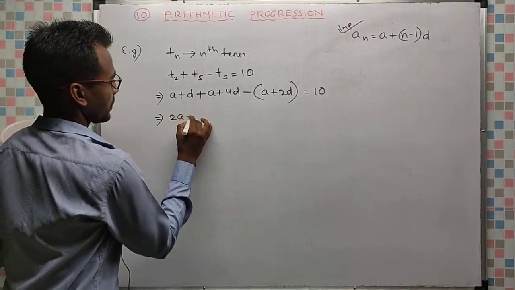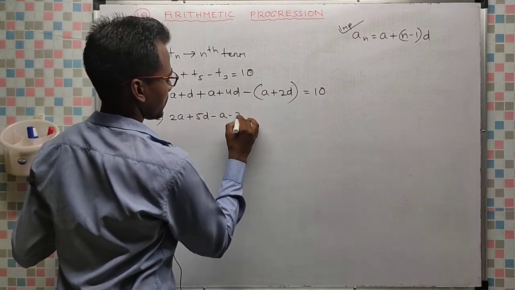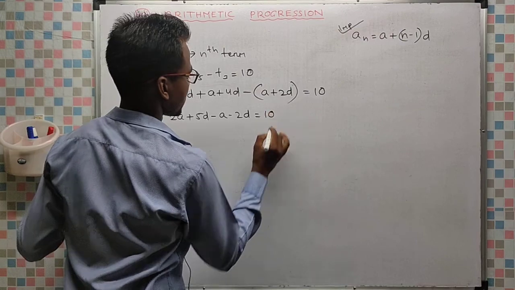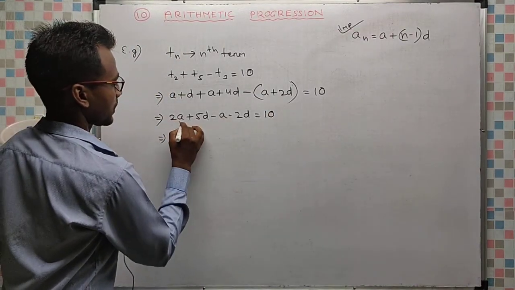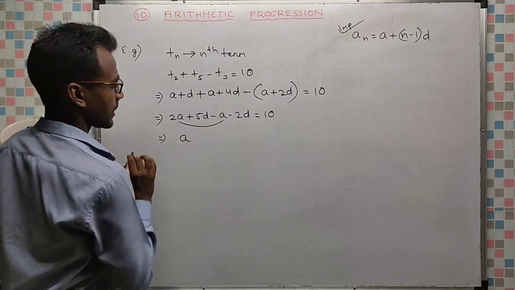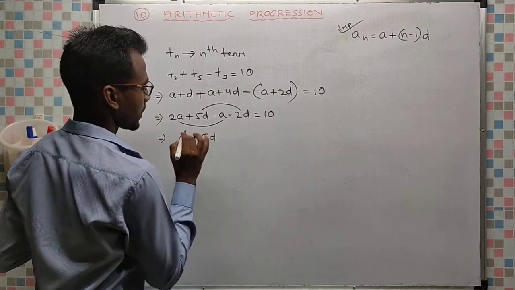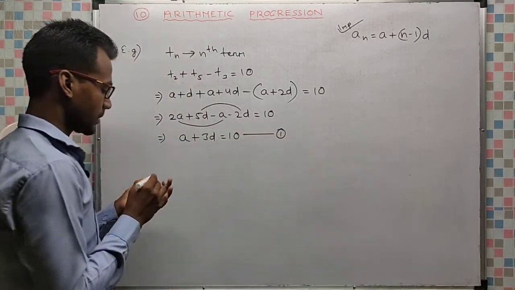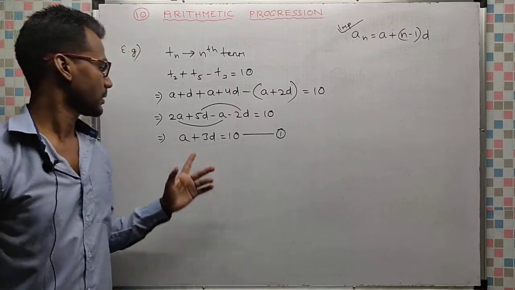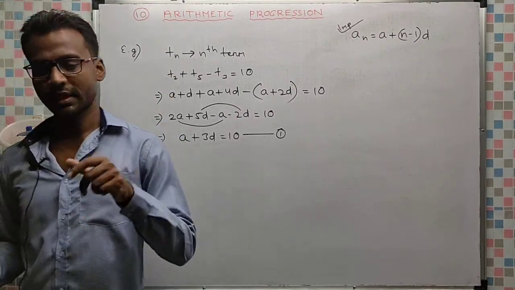So 2A plus 5D minus A minus 2D is 10. 2A minus A is A, 5D minus 2D is 3D, which is 10. Let it be equation 1: A plus 3D is equal to 10. We got equation 1. Now let us move to the second part.